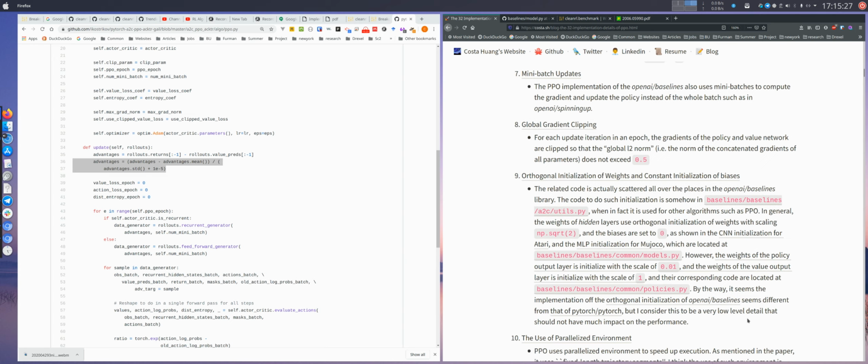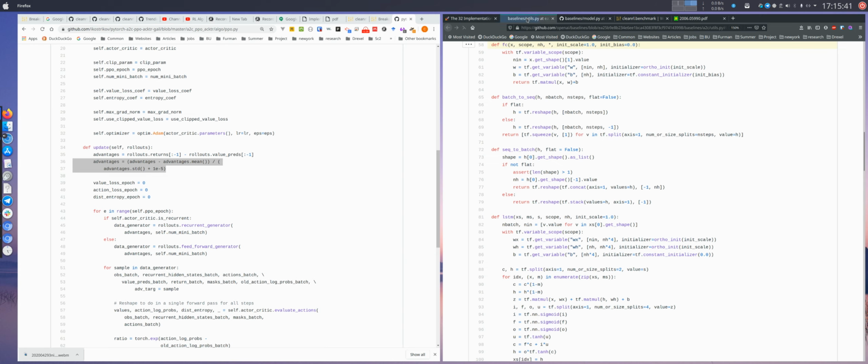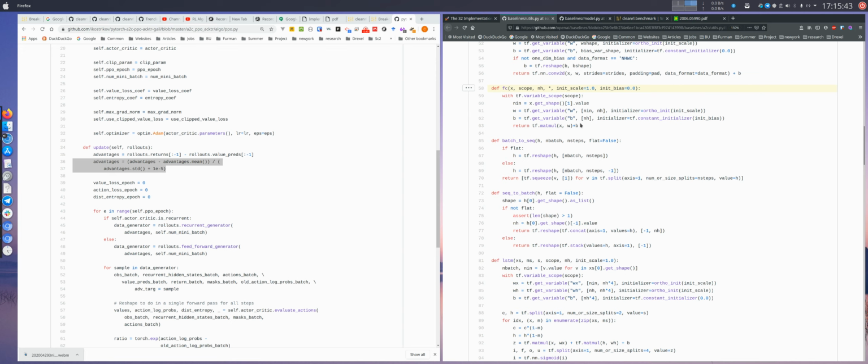And there's also this global gradient clipping to make sure the norm of the concatenated gradients of all parameters does not exceed 0.5. And there is this orthogonal initialization of weights. In particular, it looks something like this. If you read the code, it says initializer equals ortho initializer.